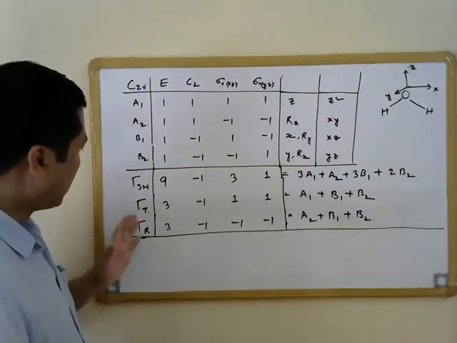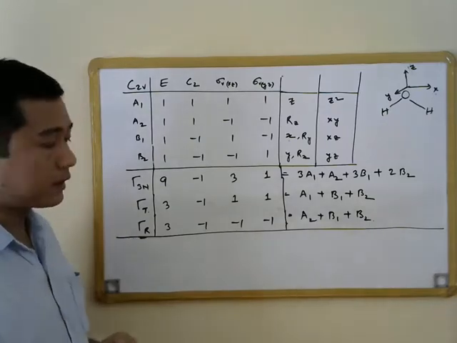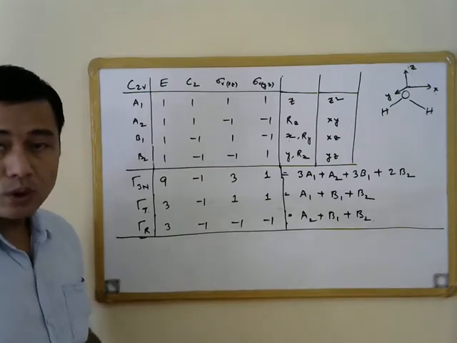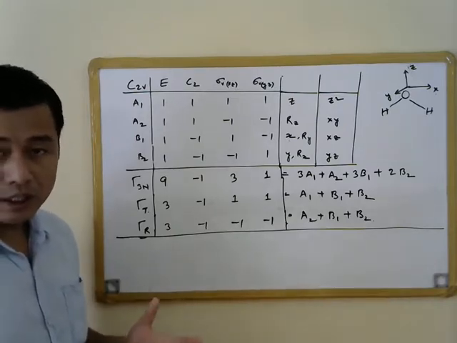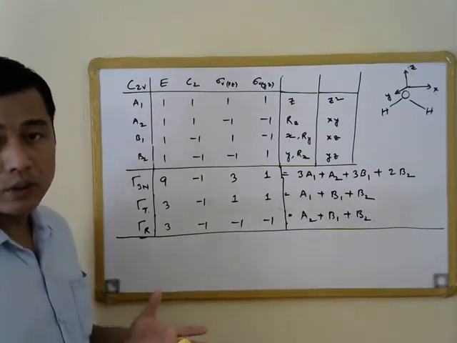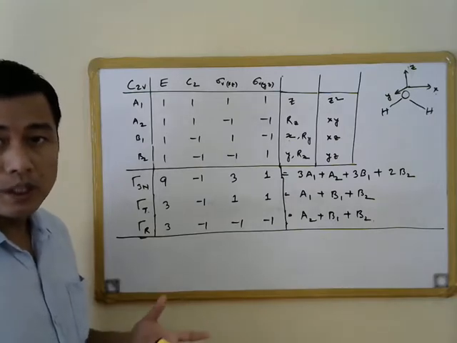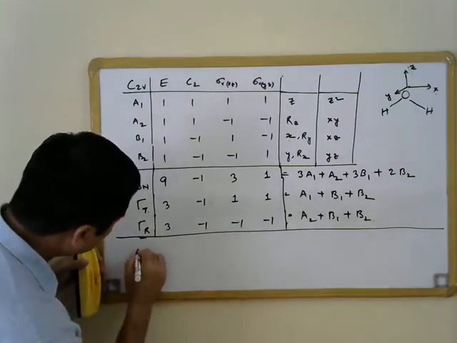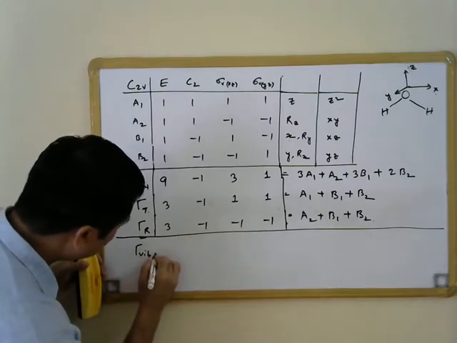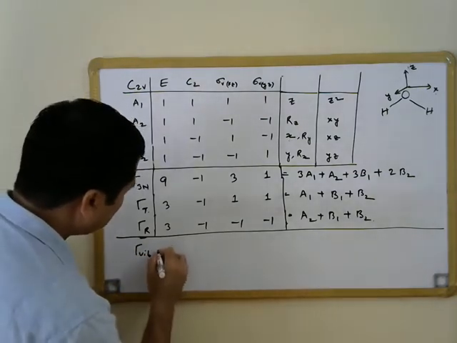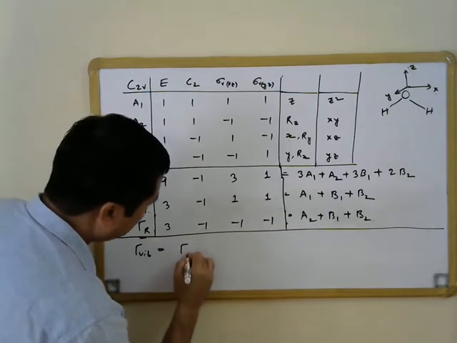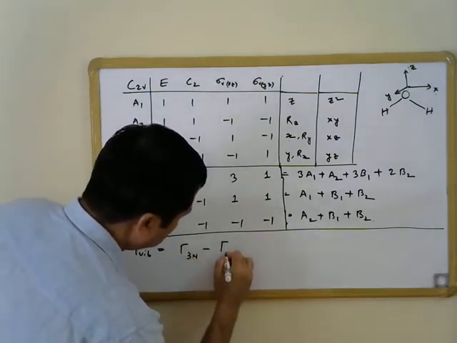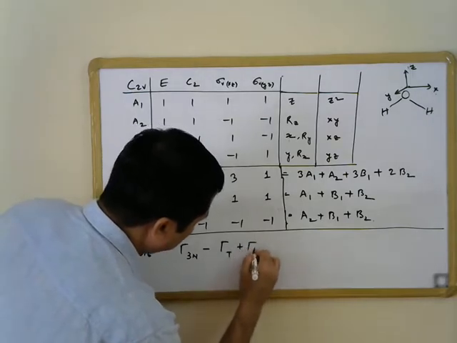So now we have the characters of gamma r, gamma t as well as gamma 3n. And now to find out the characters of gamma vibrational, that is the character of the reducible representation when we take the vibrational mode as the basis, we can do: gamma vibrational is nothing but gamma 3n minus gamma t minus gamma r.